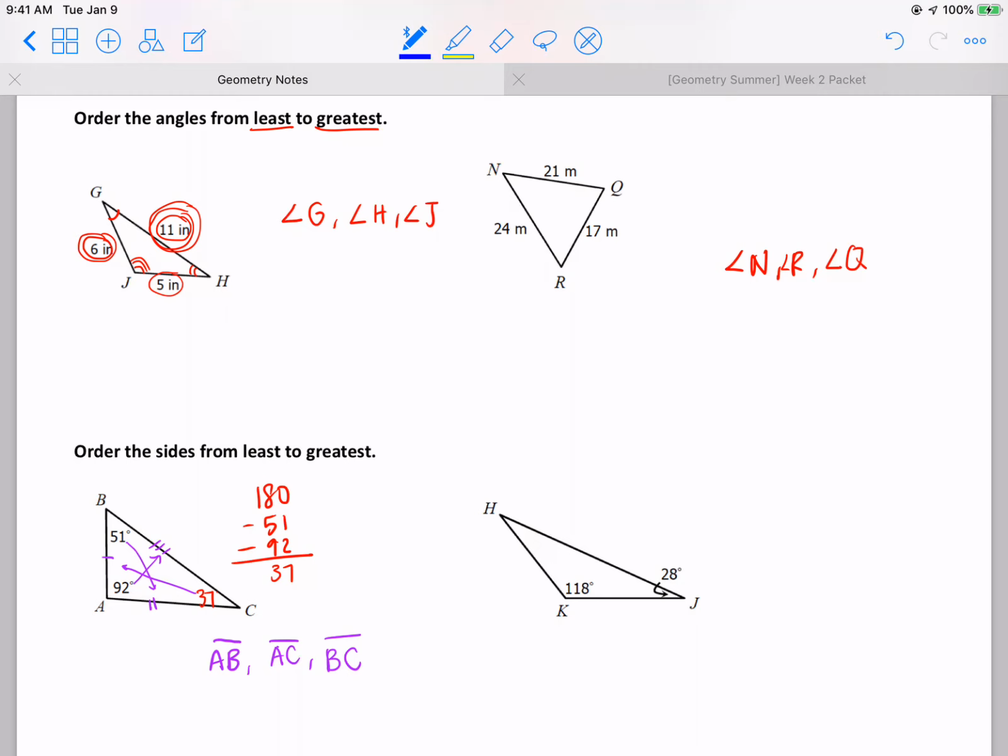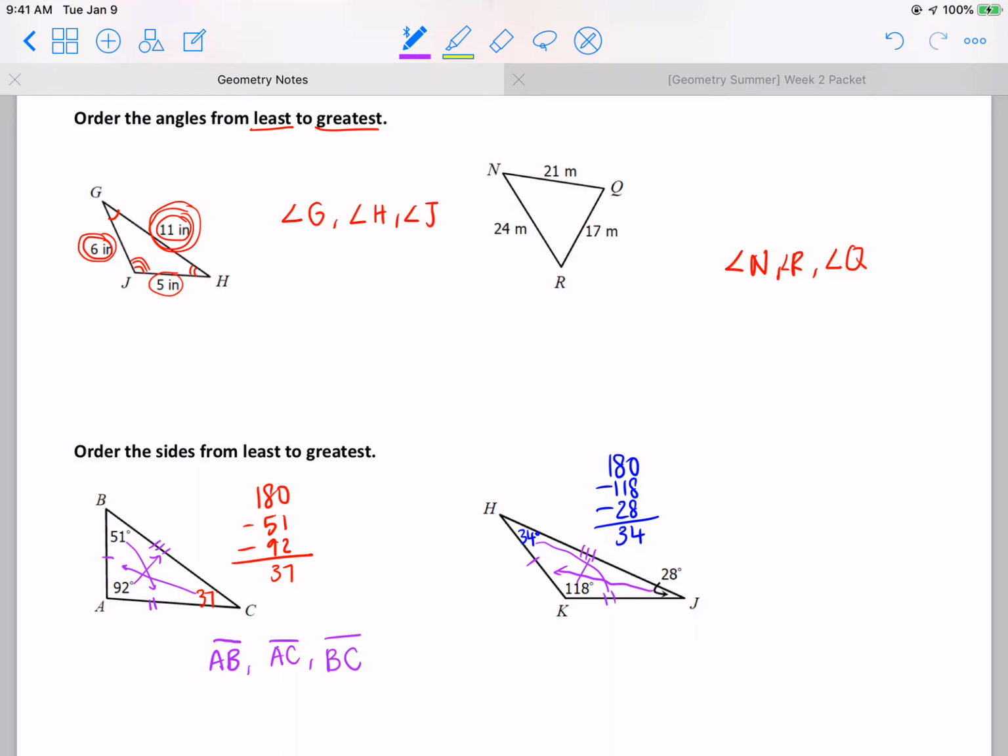Next question. Also find the last angle. 180 minus 118 minus 28. We should get 34. So 34 goes up here. Just find your angle, smallest angle, across from it has 1 tally mark, 2 tally marks, and 118 across would be 3 tally marks.